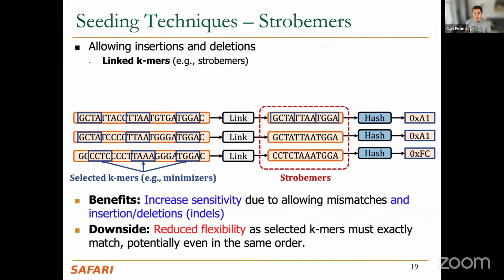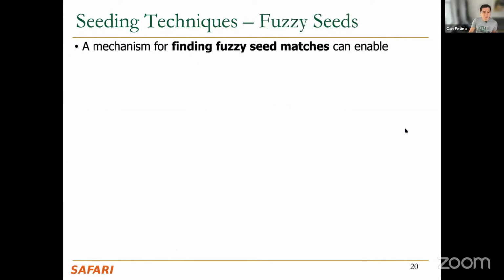But since we're using locality-oblivious hash functions, even though there's a single mismatch over here, the resulting hash value will be significantly different. So the question is, how can we avoid this? There is another seeding technique referred to as fuzzy seeding, or fuzzy seed matching, and the goal is to tackle that problem.